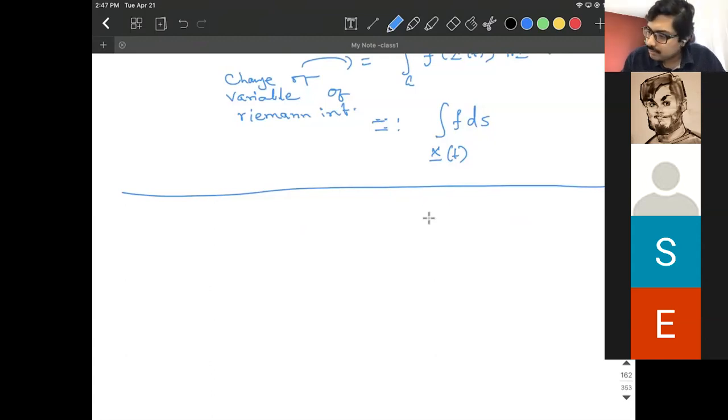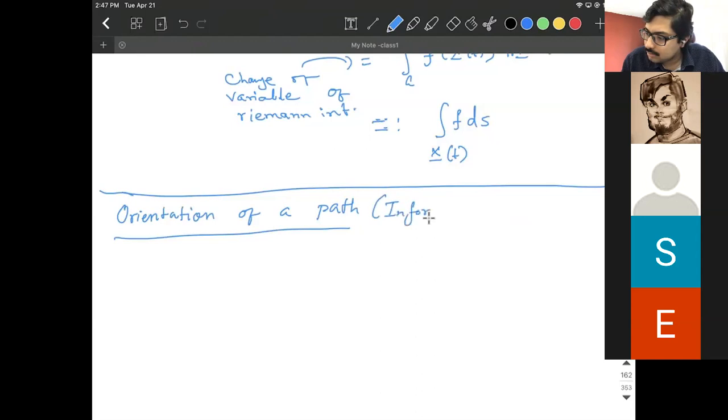But before that, we have to define something called the orientation of a path. And I will only give you the informal definition rather than the technical one. So given a path, once again, suppose you have this path x(t) from [a,b] to R^n.